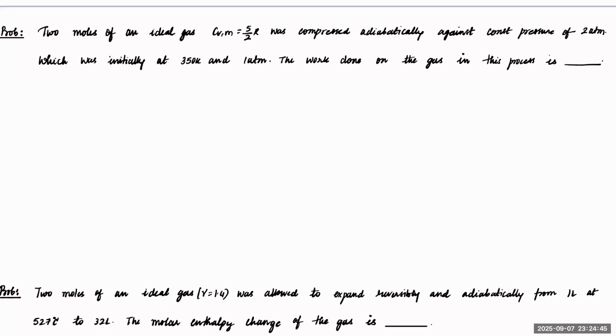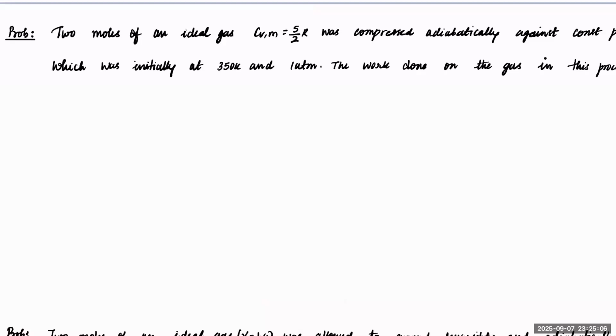Have you noticed that the initial pressure is 1 atm and the external pressure is 2 atm? This helps us understand this is an irreversible change. For a reversible change, the external and internal pressure should be almost the same. So here this is an irreversible adiabatic process.